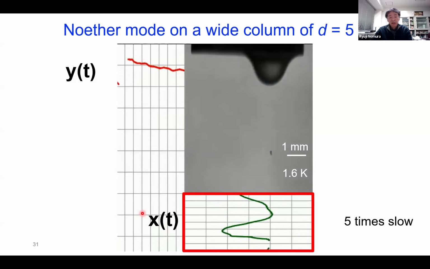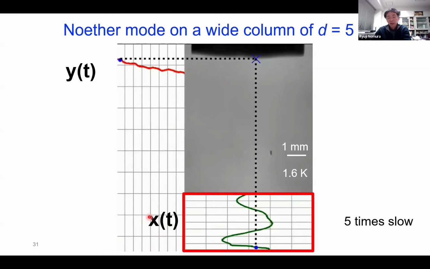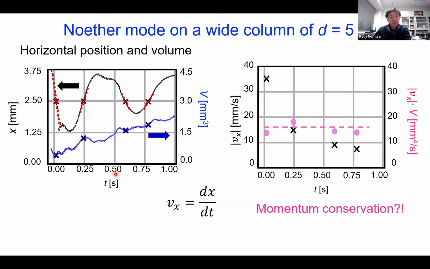So we analyzed this horizontal motion of the droplet, x. This is the plot of the horizontal position of the droplet, x, as a function of time, and it's oscillating in this way.